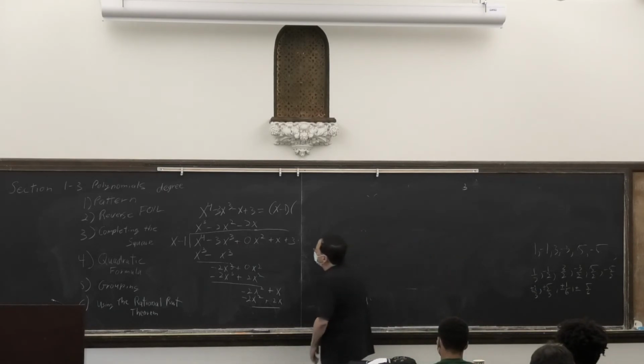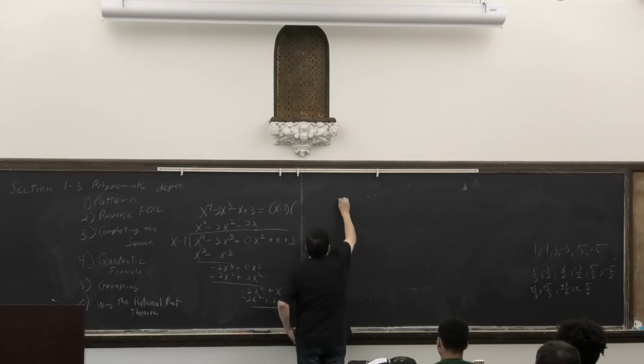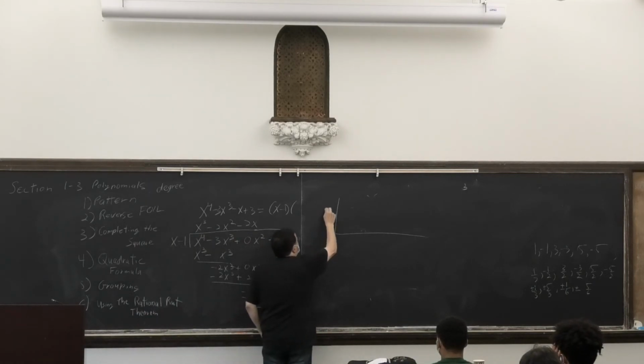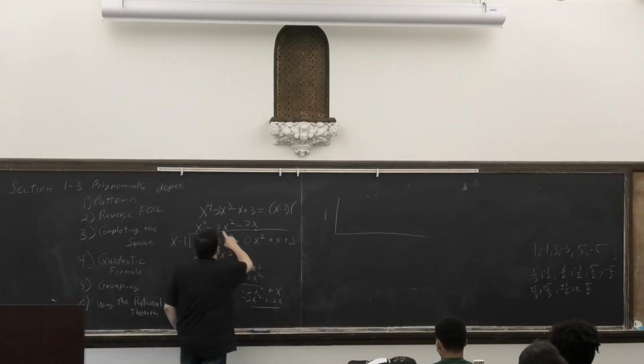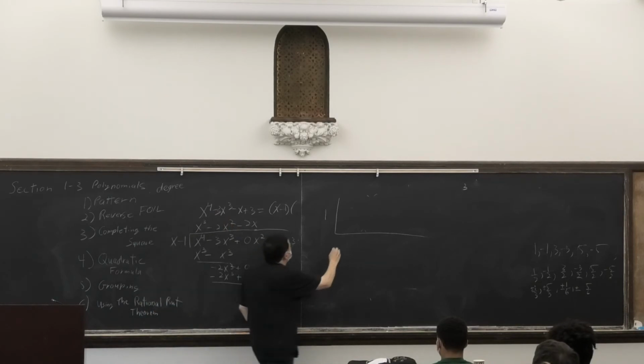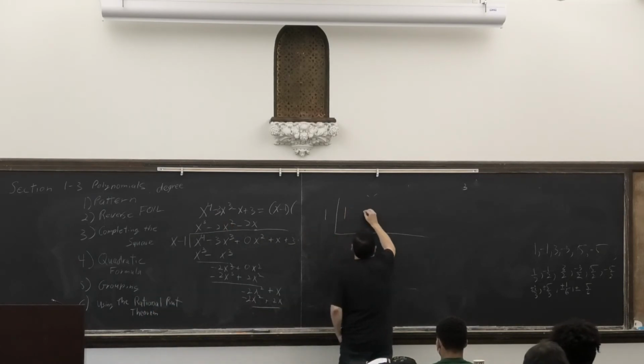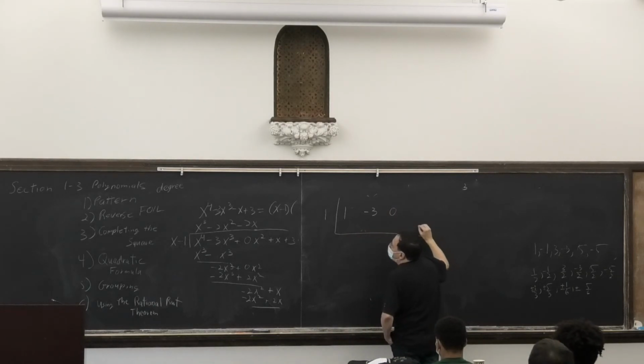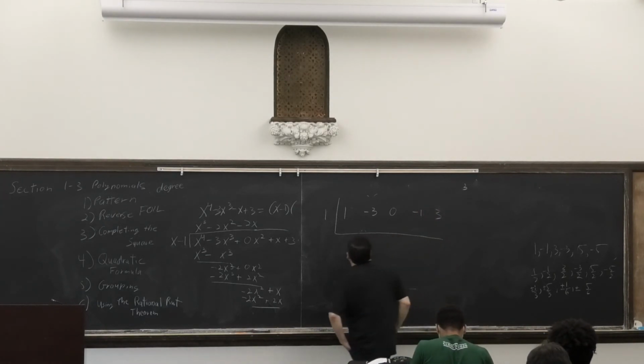All right, how do we do synthetic division? Since we're dividing by x minus 1, we write 1, and we write down the coefficients. 1, minus 3, 0, minus 1, 3.